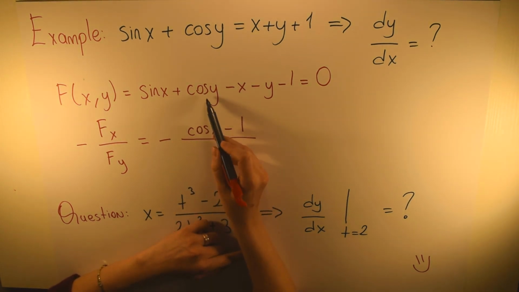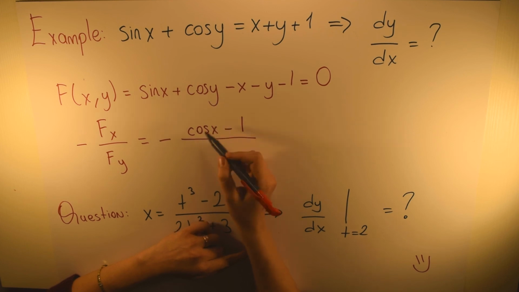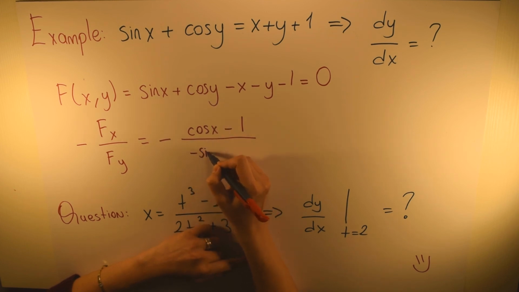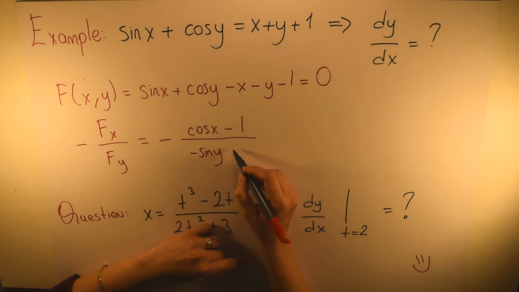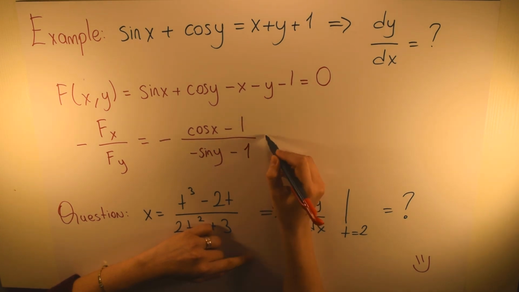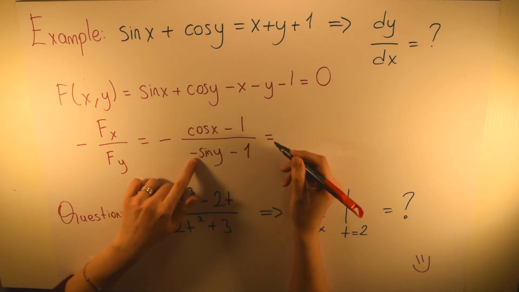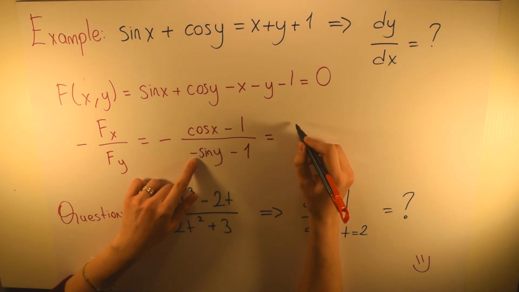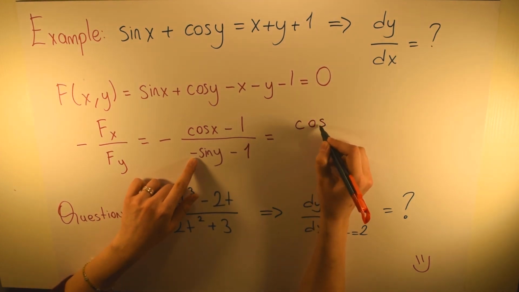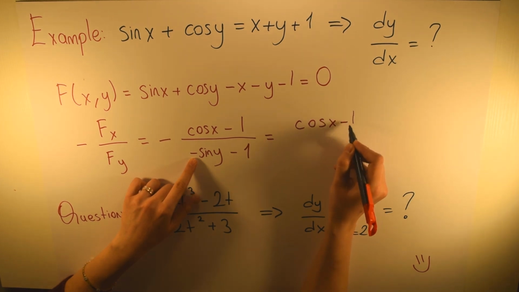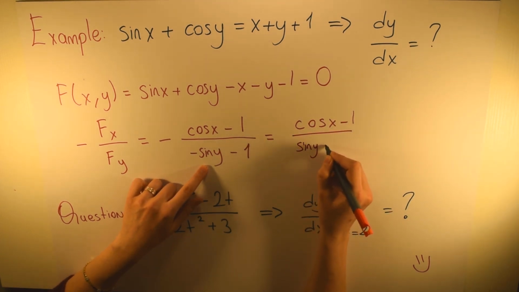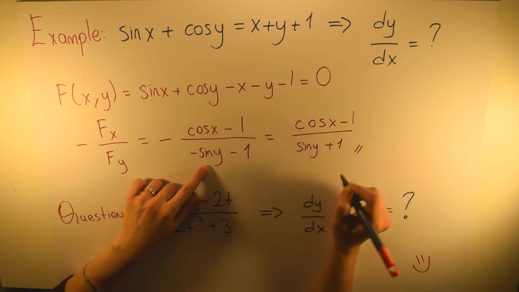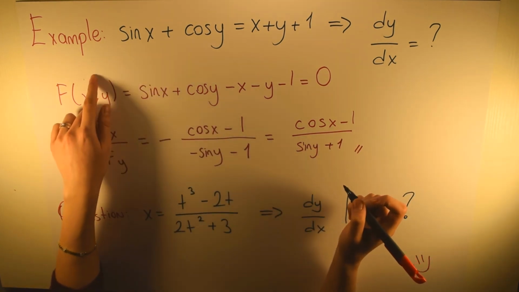Over here we have cos y, its derivative is minus sin y, and here we have minus y, which is equal to minus 1. So when I multiply this minus with this, our final answer will be (cos x - 1) over (sin y + 1). So this is the answer for our example.